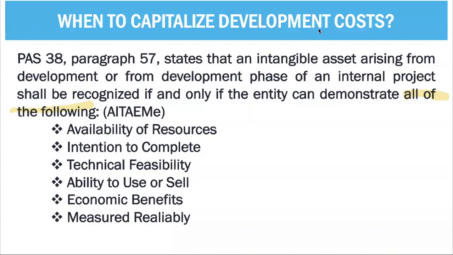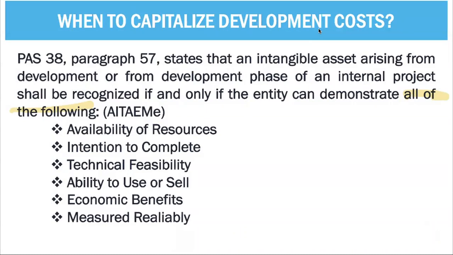Next, it must reach technical feasibility, meaning it can be used. Once all of the necessary items or materials to complete that particular intangible asset are present, then there is feasibility that you can make use of it or finish it. Next, ability to use or sell. Of course, at the end, that intangible asset that you have developed must be capable of being used or capable of being sold.